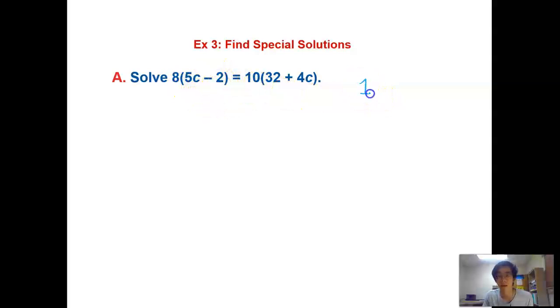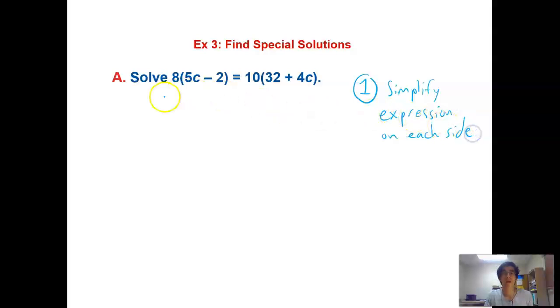First step, okay, I'm going to write it on the side, is to simplify my expressions on each side. So sometimes that might involve using distributive property, as we have here. So I'm going to distribute 8 times the quantity inside these parentheses, so 8 times 5c, okay?